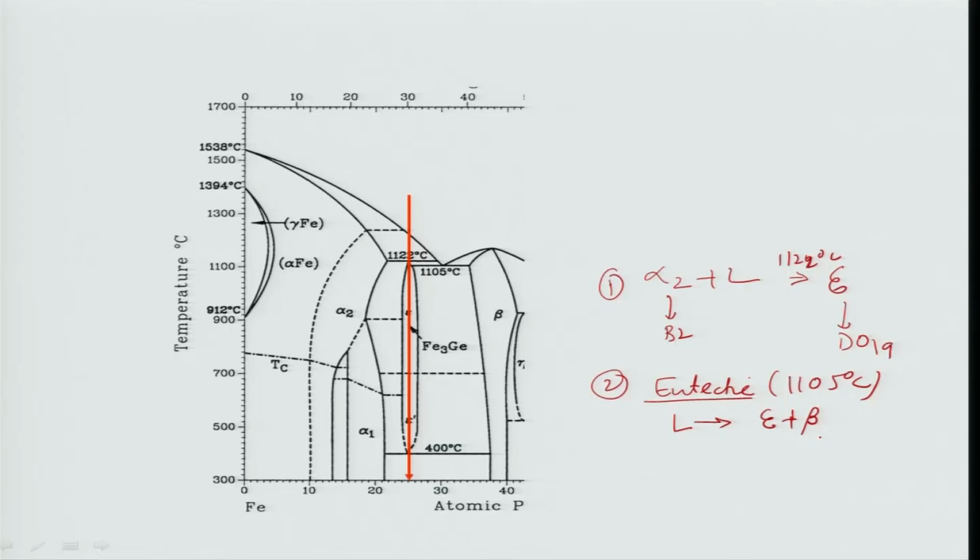So if you want to discuss the microstructure evolution for any alloy composition here, marked like 20 atom%, you need to understand both the peritectic and eutectic reactions, and that is the purpose of this course, so that you understand the phase formation and the microstructure.